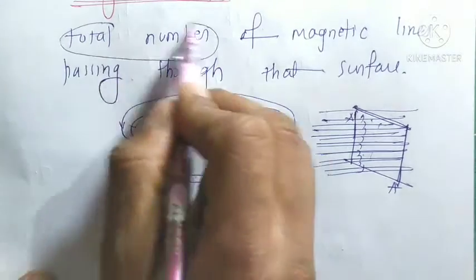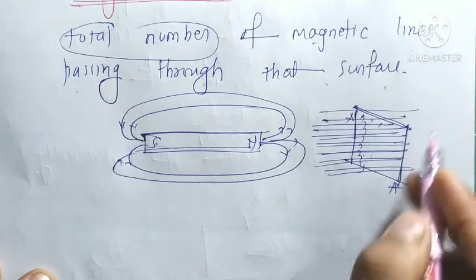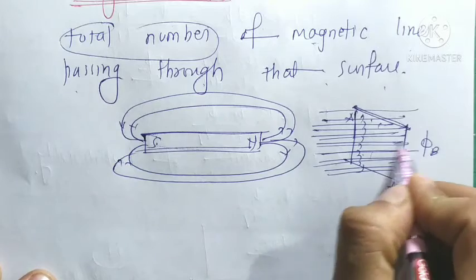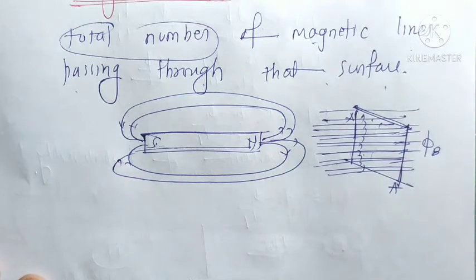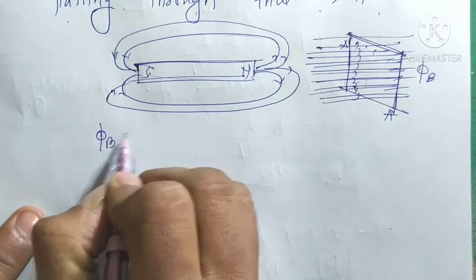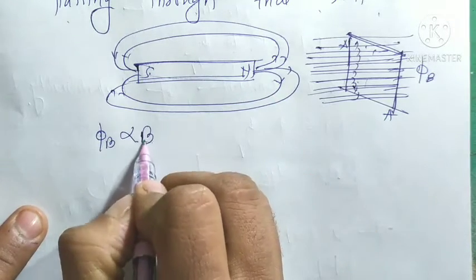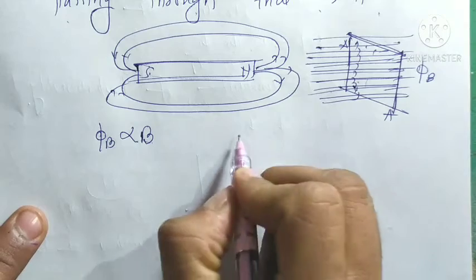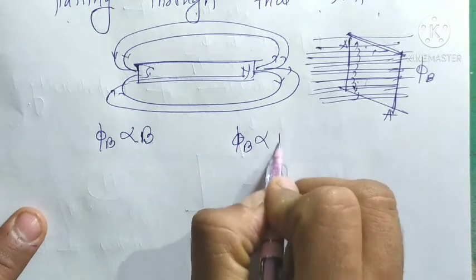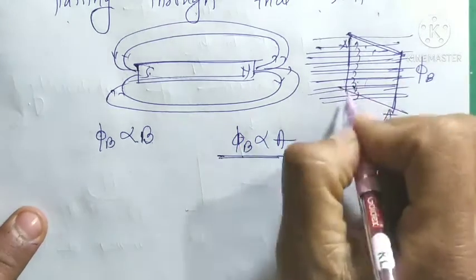The total number of magnetic field lines passing through that surface is called magnetic flux. Magnetic flux depends upon the strength of the magnetic field, and it also depends upon the area.